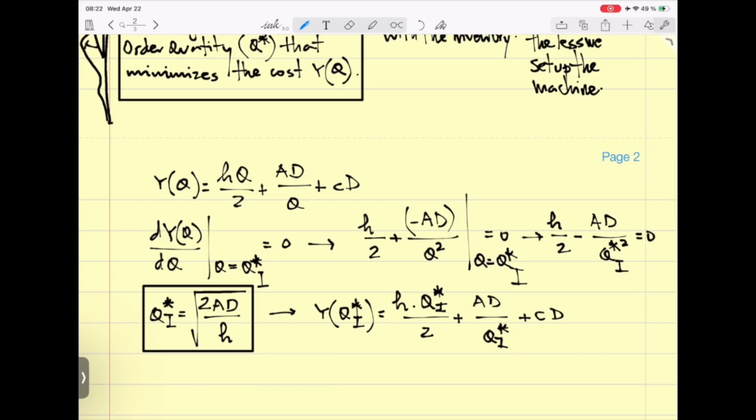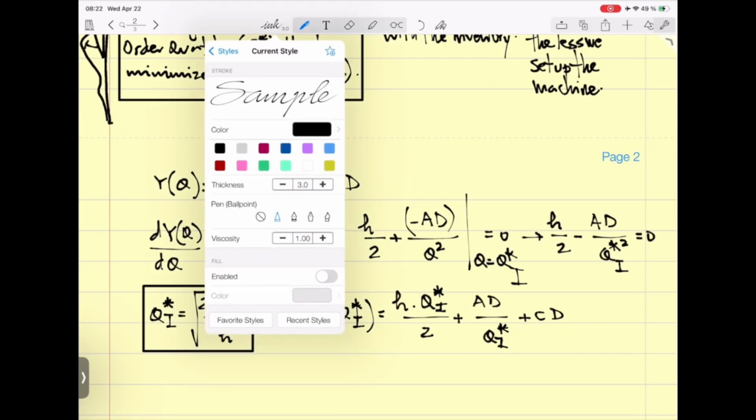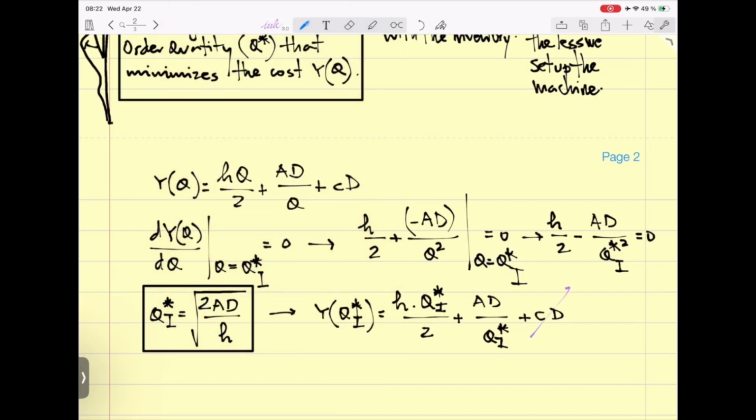We make a simplification: because cd is constant, cd is approximately 0. This is an approximation to make things easier.